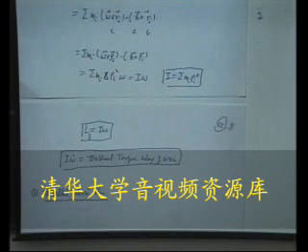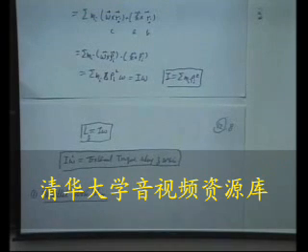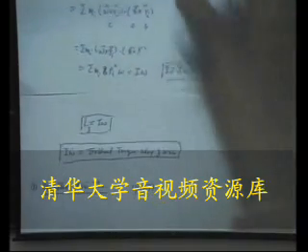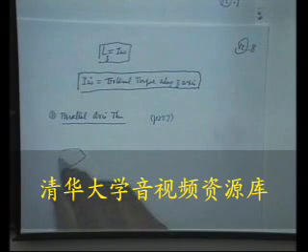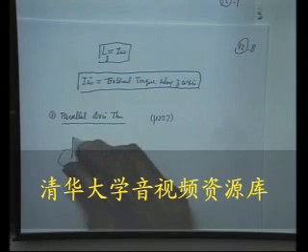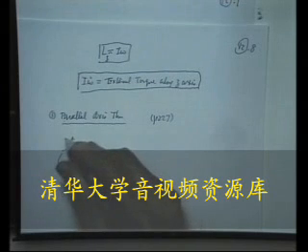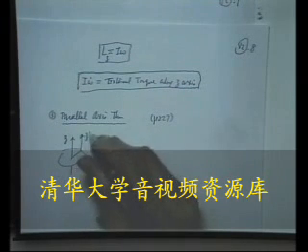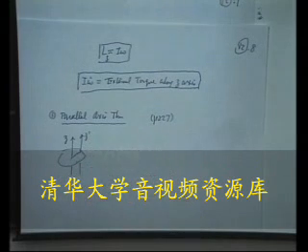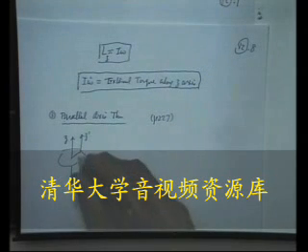The book talks about a parallel axis theorem. It's on page 227. If you have a body, here's an axis, here's another axis. Consider two parallel axes.